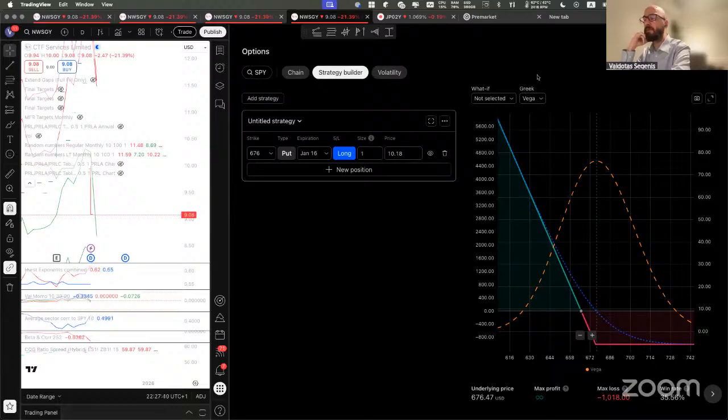Basically, you risk the premium you pay, and that's the only risk you will experience. And this way, you don't care about gaps, about sharp price movements against you. So basically, you just manage your risk in this way.